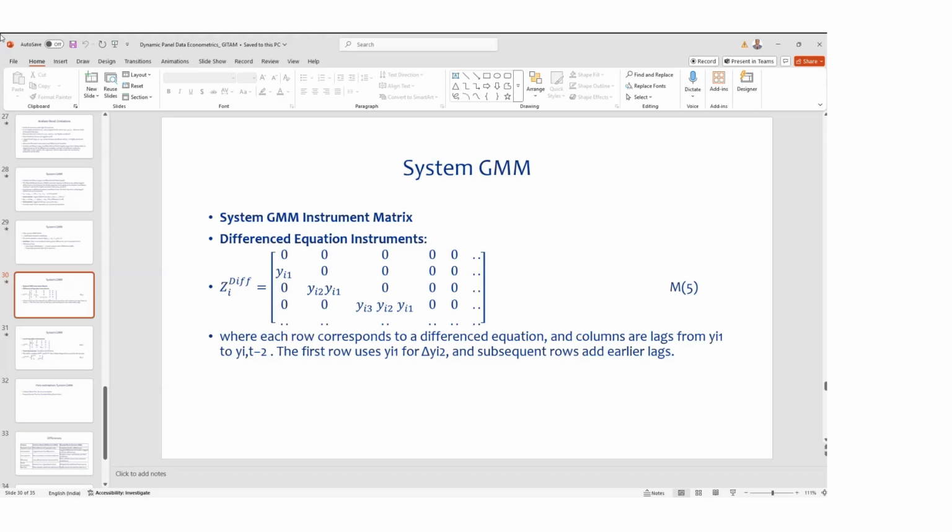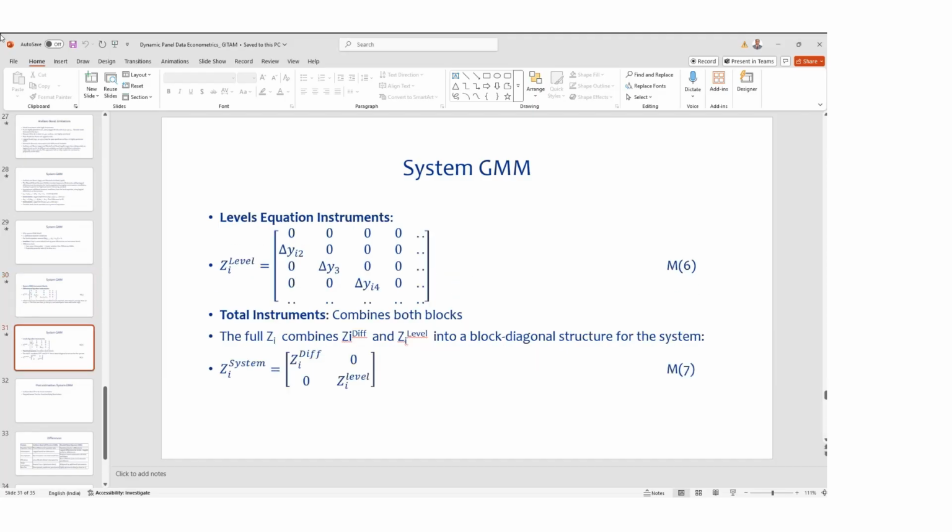Now, remember that each row corresponds to a difference equation because that is what we were doing in the Arellano-Bond model as well. Okay. Then we use an instrumental variable for the levels equation as well. Arellano-Bond plus a set of instrumental variables that addresses the issues with the level equation as well.